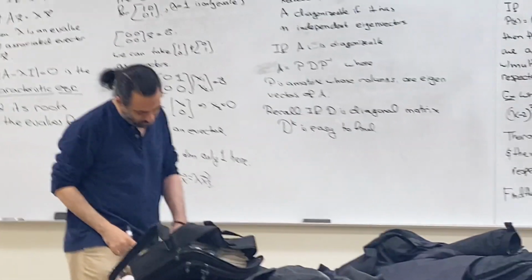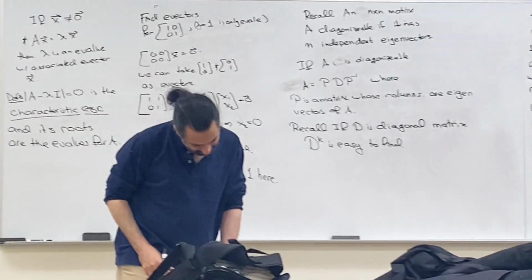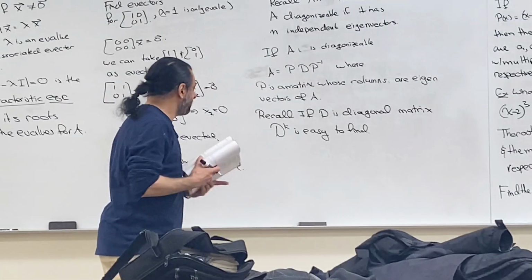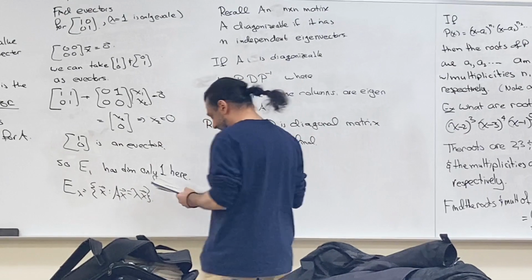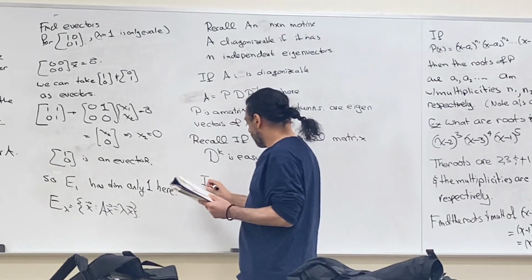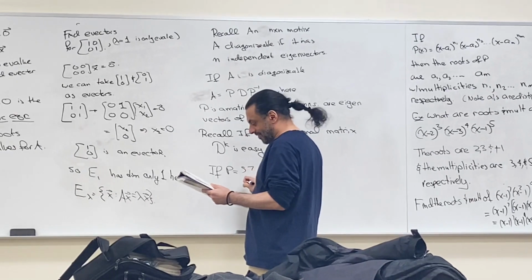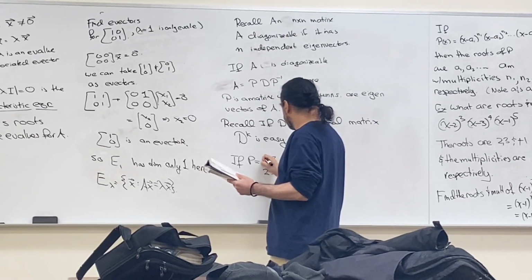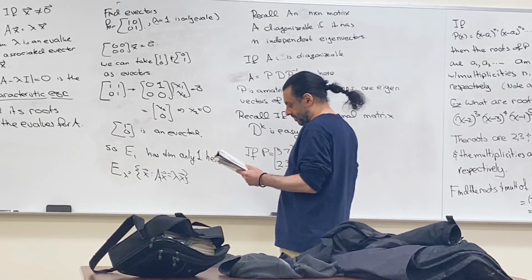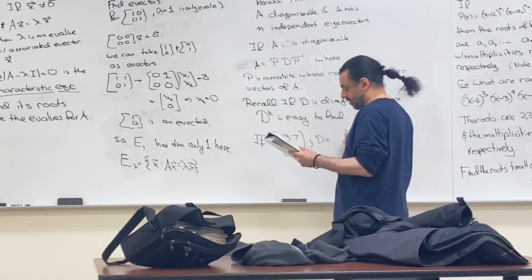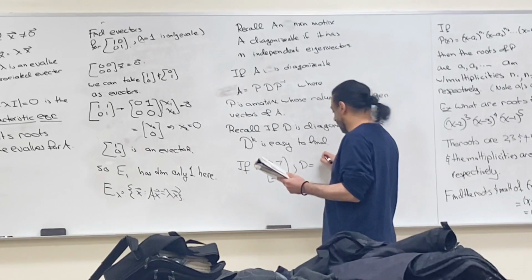Maybe we could say, here's one or two from the book. Let's do the easy ones. If P is equal to 5, 7, 2, 3, D is equal to 2, 0, 1, 0.